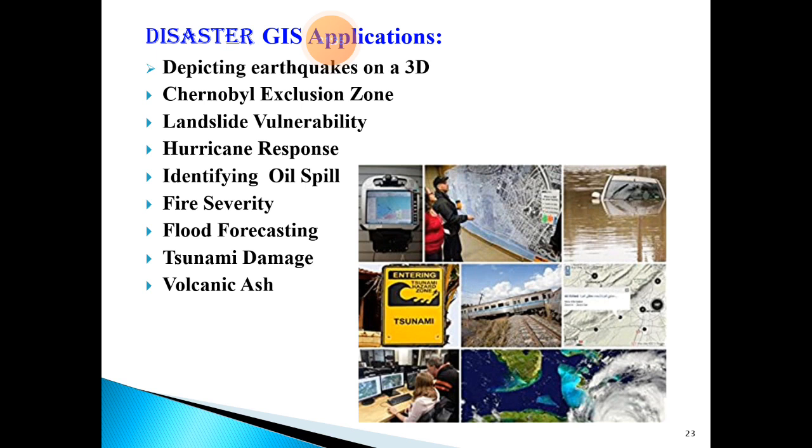It includes earthquakes, explosion of chemicals, then landslides, hurricanes, oil spills, forest fire, flood, tsunami, volcanic eruptions, etc. GIS is used to monitor and manage these disasters. 3D mapping of geodata helps in depicting the earthquakes, explosion of chemicals, vulnerability of landslides, tracking of hurricane paths, then identifying current directions of the oil spills, severity of forest fires, then flood forecasting, identifying risk of tsunami, and management of volcanic spillage.